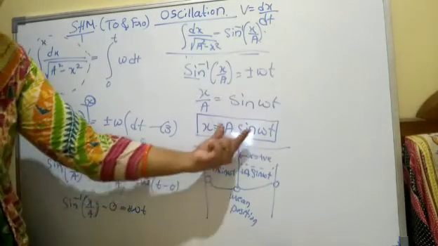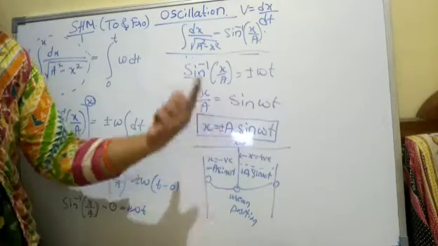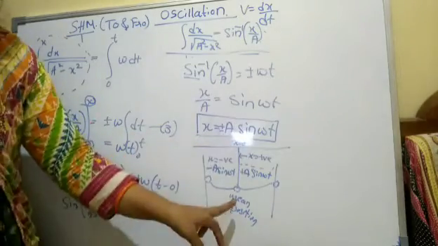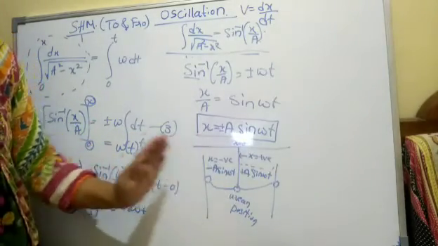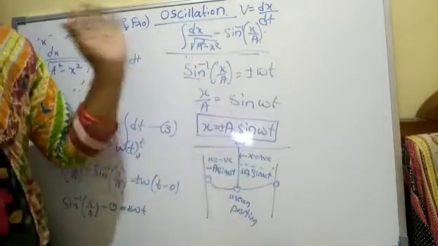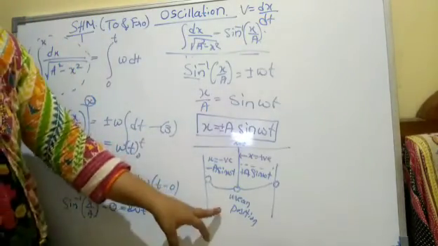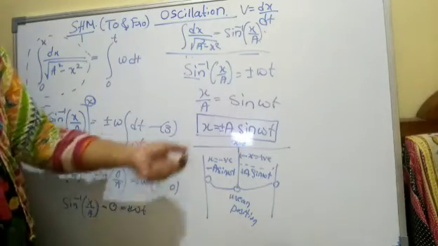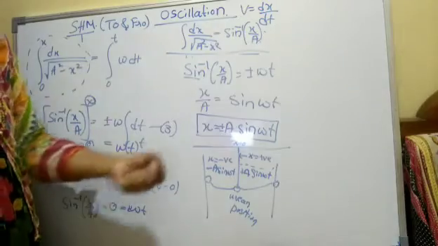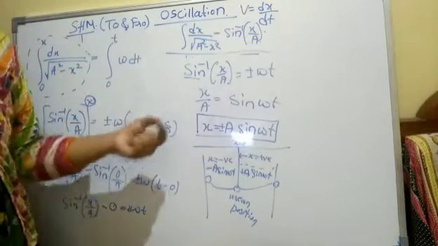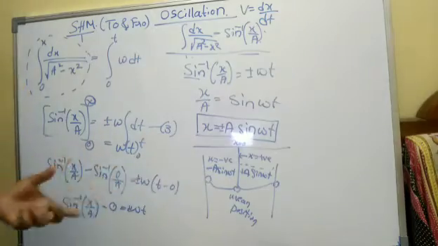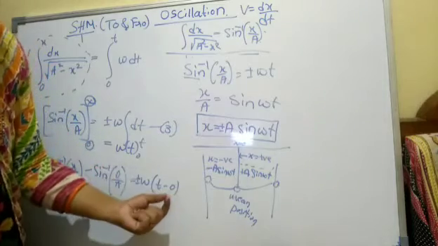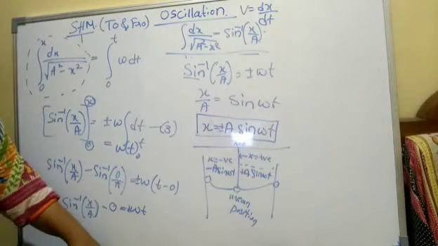So this equation is for the particle when it is executing the simple harmonic motion starting exactly from the mean position. For such a condition of a particle, this equation holds. And next will come the equation of a particle when it is at the extreme position or in between the extreme position. So this will be the positive sine omega t, and this will be the negative sine omega t here.